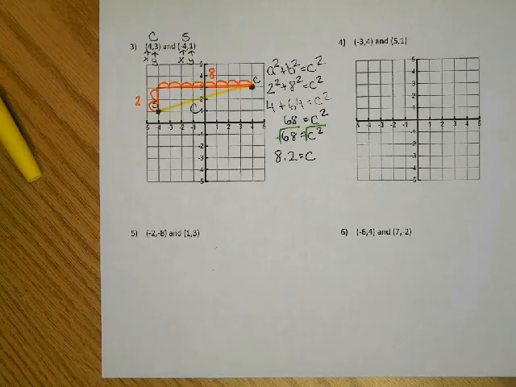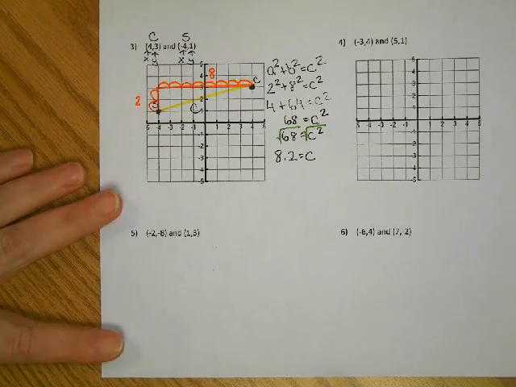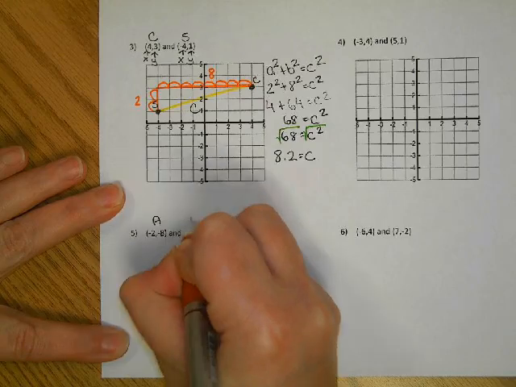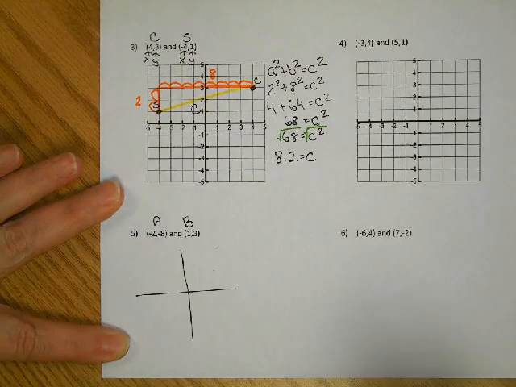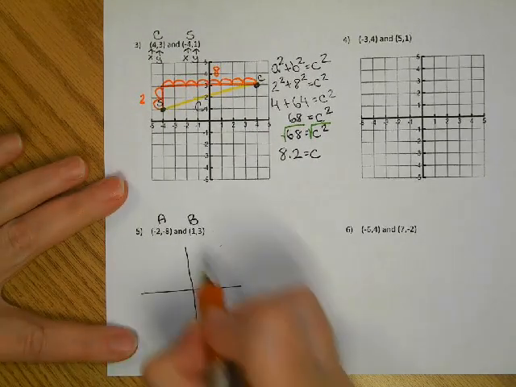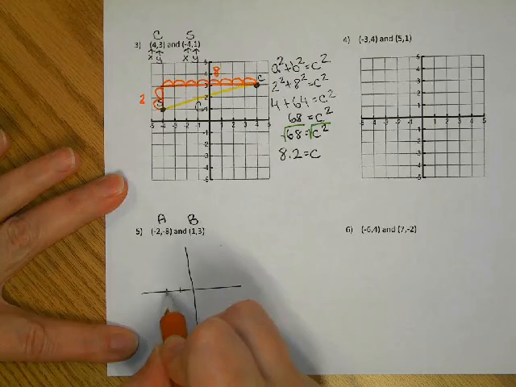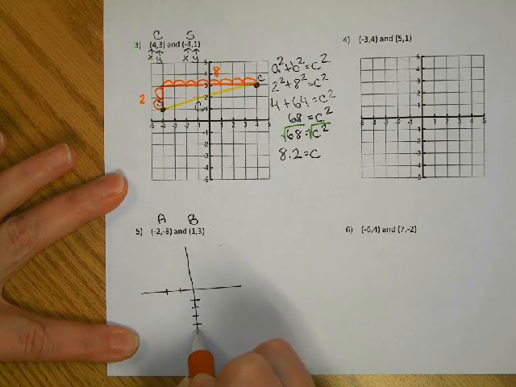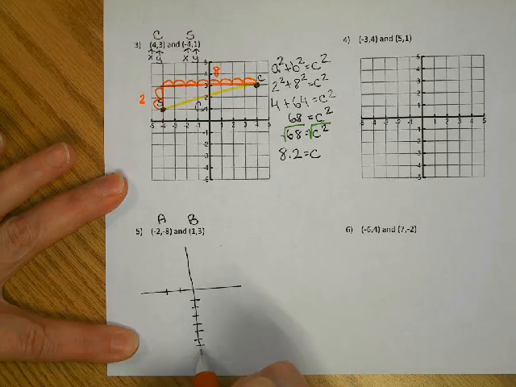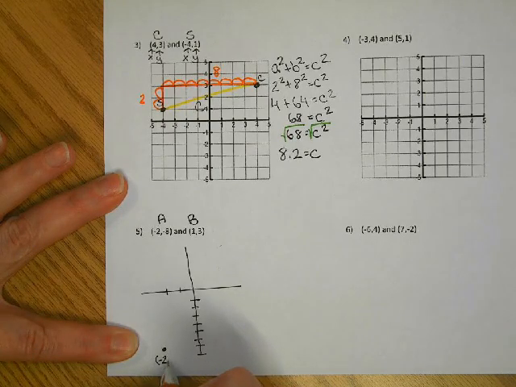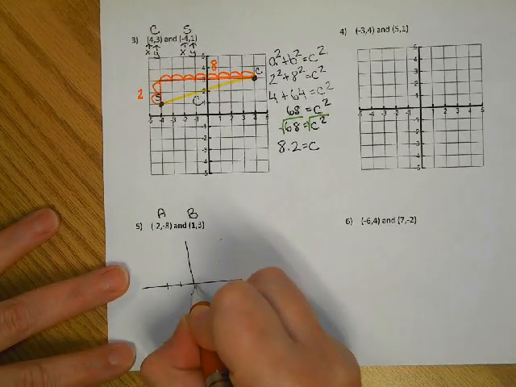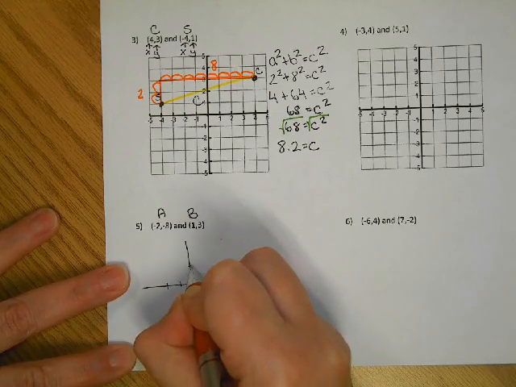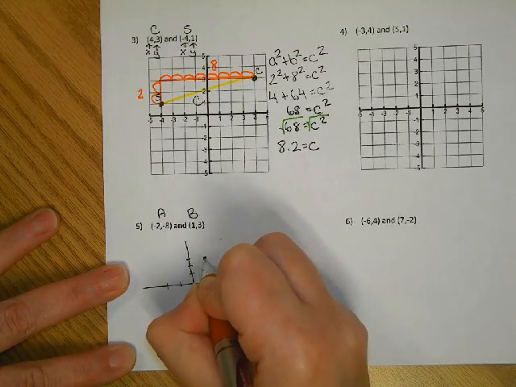So let's call this A and this B. And we're not going to plot them exactly because we don't have a graph, but -2, -8 is going to be down here. And then 1, 3 is going to be up here.